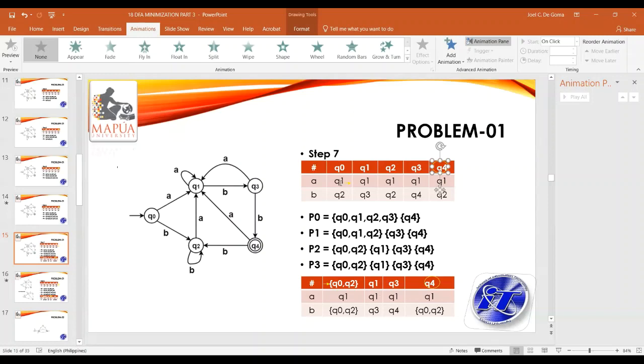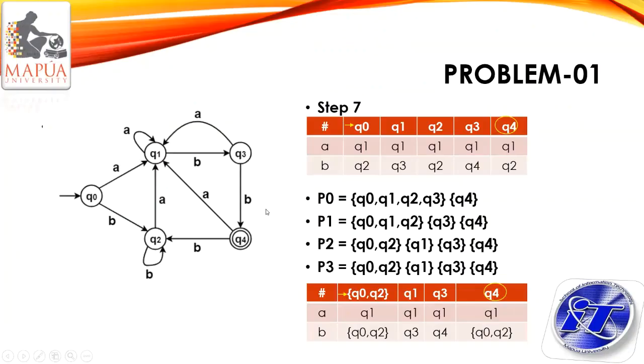So it's still Q4, since based on the problem, Q4 is the final state. For Q0, Q2, if it's A, it will go to Q1. If it's B, it will go to Q2, which is the first group, so just copy Q0, Q2.